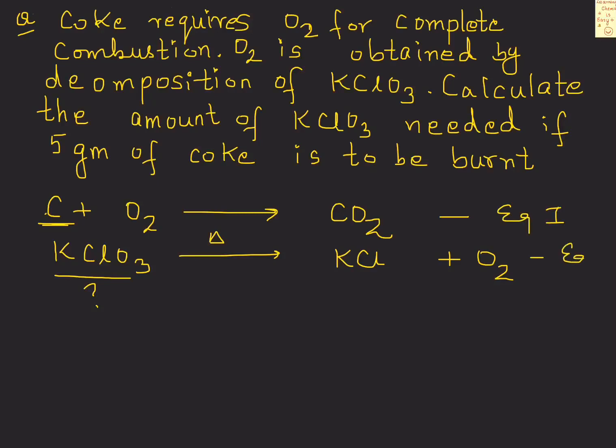This is my equation 1, this is my equation 2. The second equation is giving me the reactant for the first equation, correct? The question does not ask me to find out how much oxygen is being generated. What it is saying is you just have to find out the amount of KClO3.